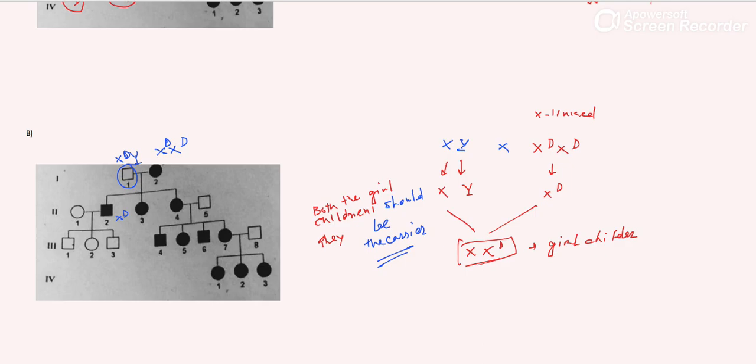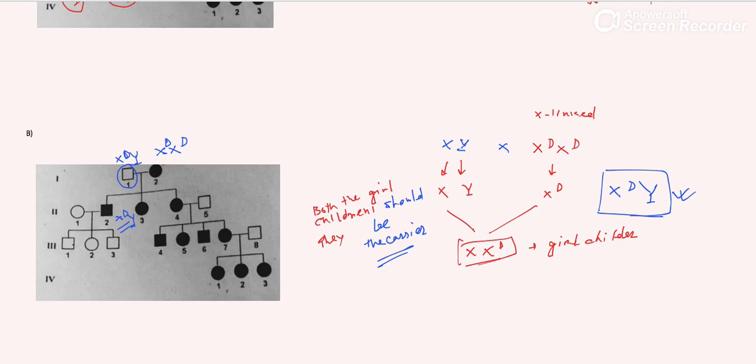As the boy contains the Y chromosome, it may happen that Y comes from the father and one XD comes from the mother if it is X-linked disease. So the boy may be diseased. It can be correct, but both the girl children should remain normal, but they showed that both the girl children are affected, so it cannot happen.